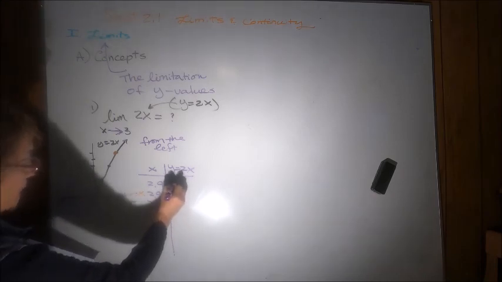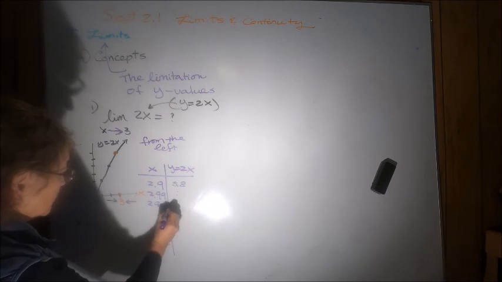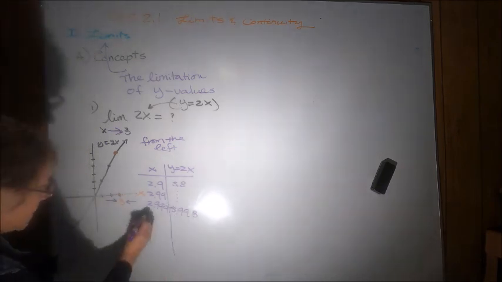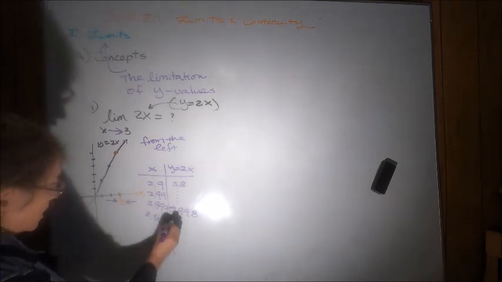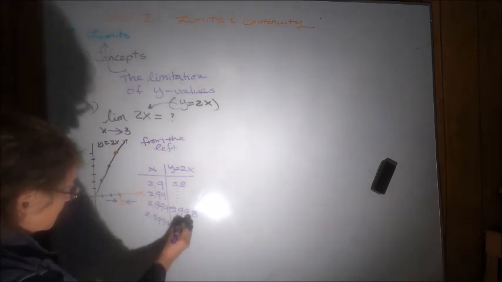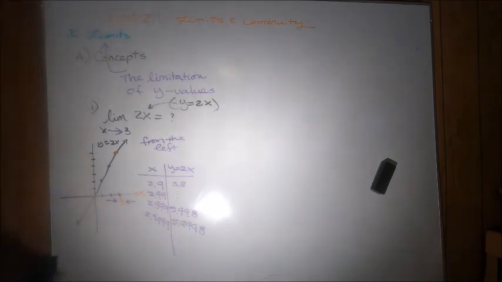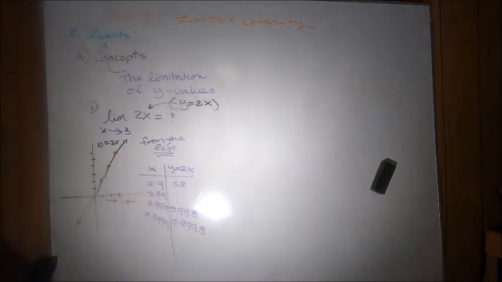It will be 5.8, right? Double, right? Then you keep going. This will be 5.998, right? If you're getting closer, 2.9999, that will be 5.9998. Is that right? Okay, so we are talking about from the left.